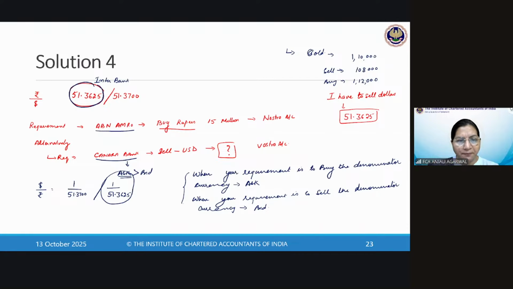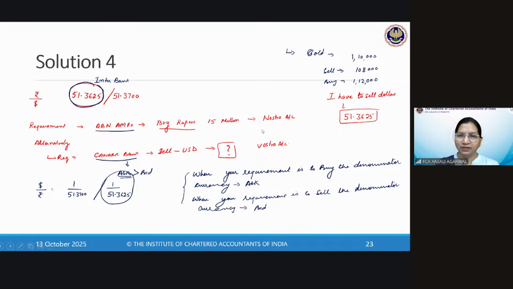In this question, ABN AMRO Bank sells US dollars to Canara Bank. That's why the rate is the one at which Canara Bank will sell, 51.3625. They convert it to 15 million rupees, then fund their account. So 51.3625 would be the applicable rate.